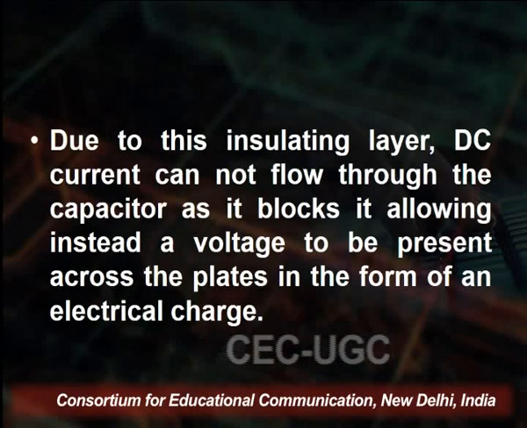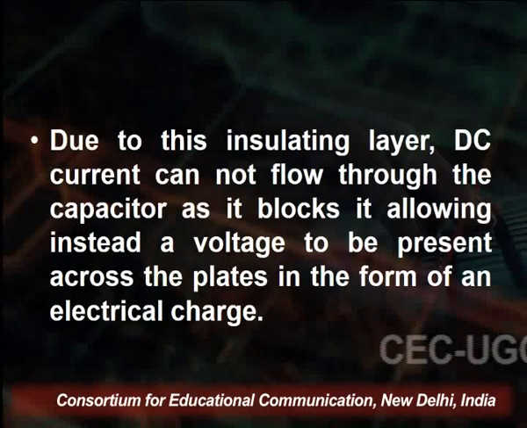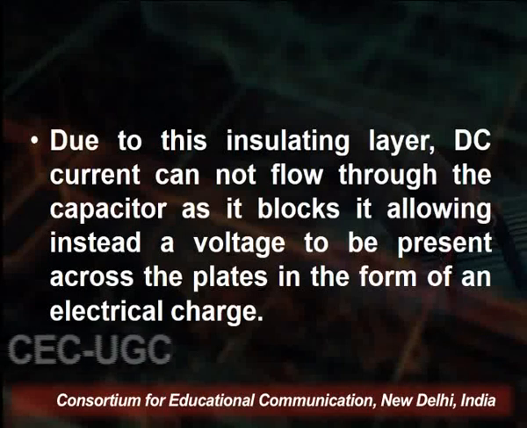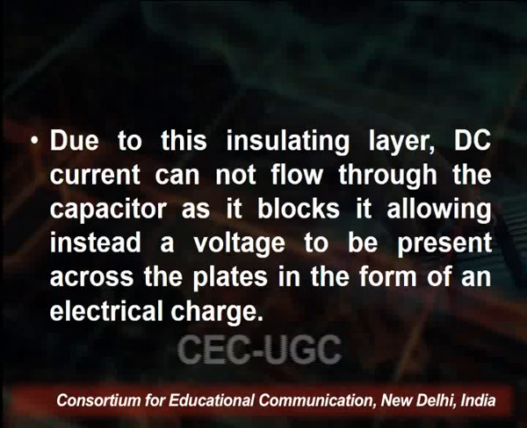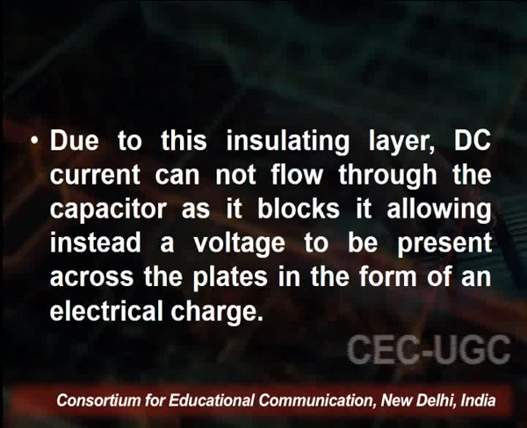Due to this insulating layer, DC current cannot flow through the capacitor as it blocks it, allowing instead a voltage to be present across the plates in the form of electric charges. It means DC current can't flow through the capacitor.